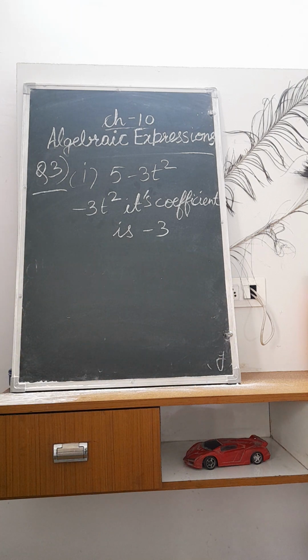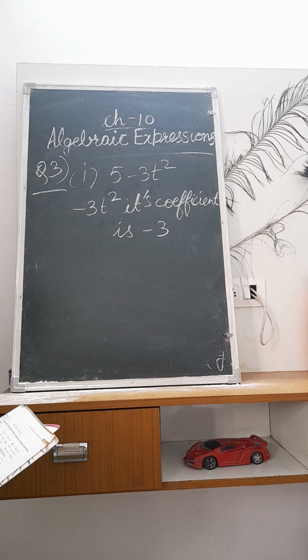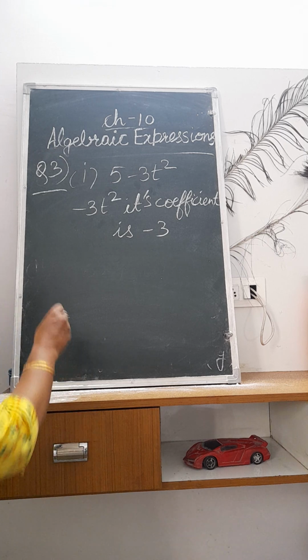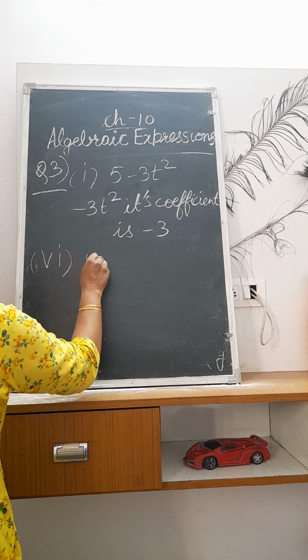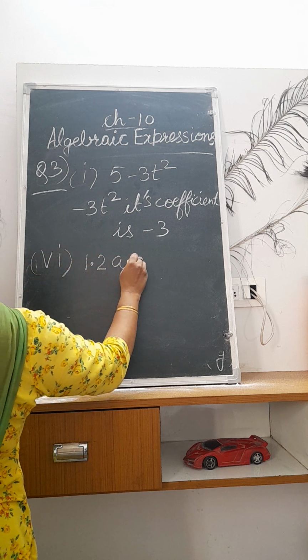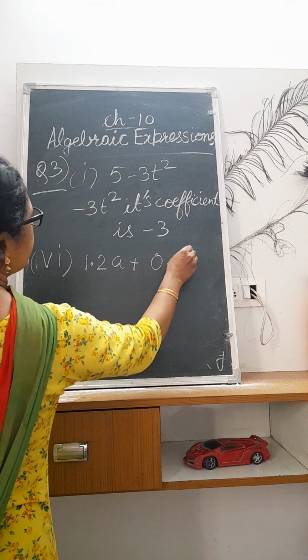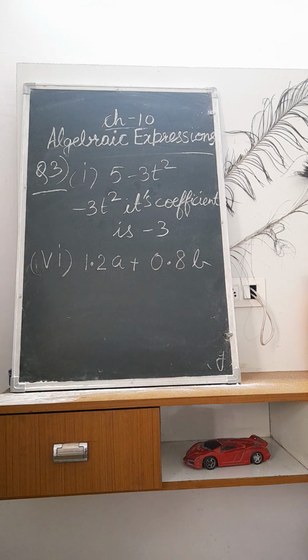Now let us do another part: 1.2a plus 0.8b. So here we have two variables.